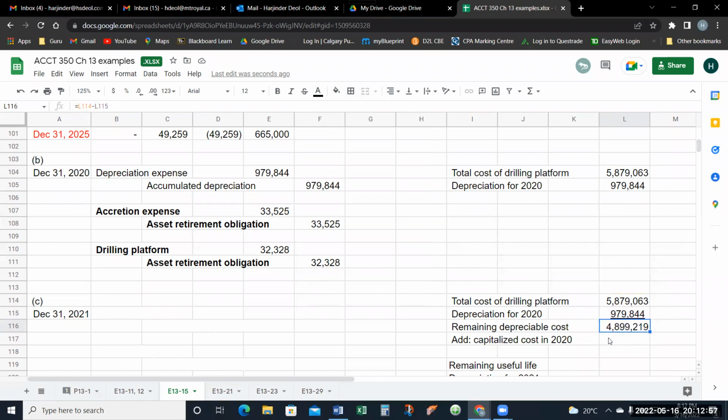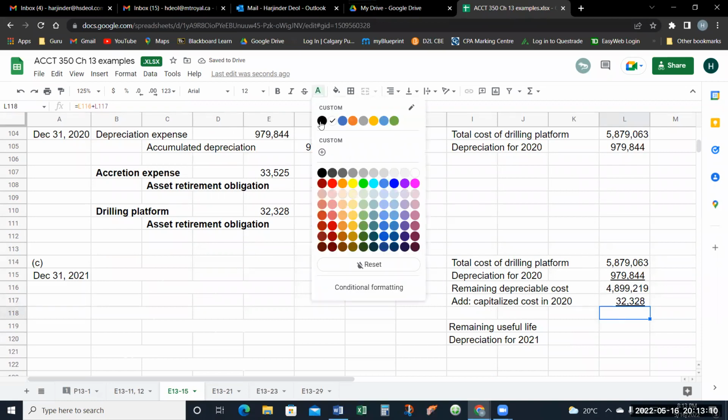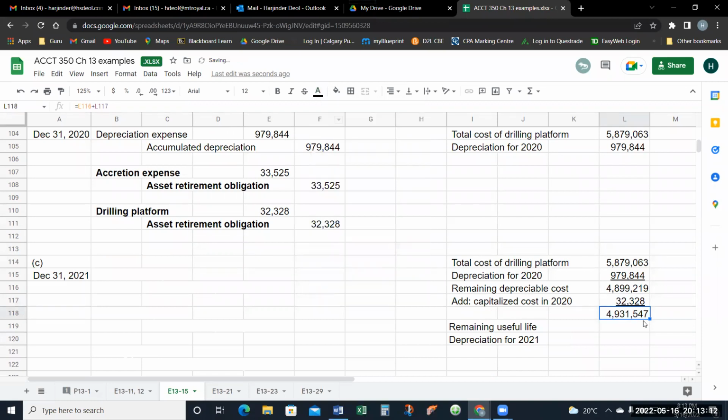To this, you want to add the cost that we capitalize for the drilling platform. So add $32,328. Now, both these numbers added together give us $4,931,547.